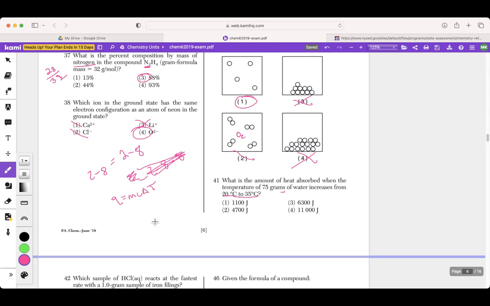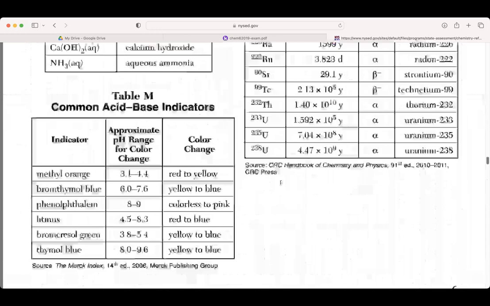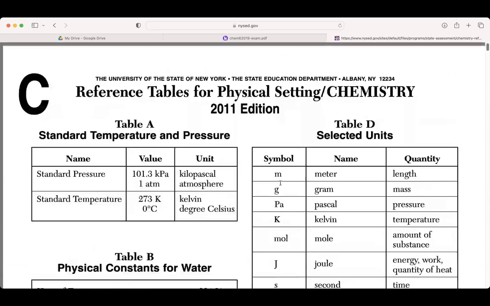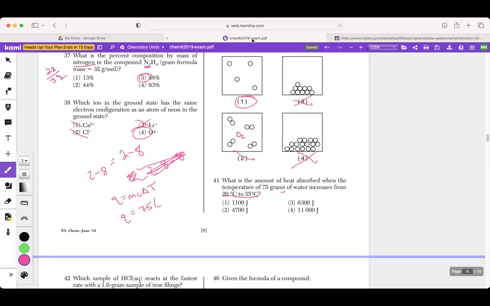Now I just plug everything in. We're solving for Q. I have 75 grams of water. For C, it says C is the specific heat capacity. If we scroll up to Table B, we see specific heat capacity is 4.18. And the temperature change is final minus initial.